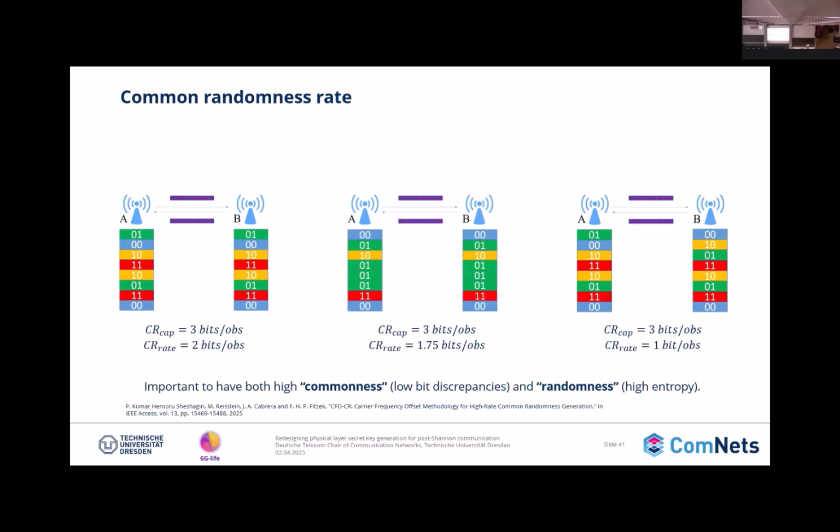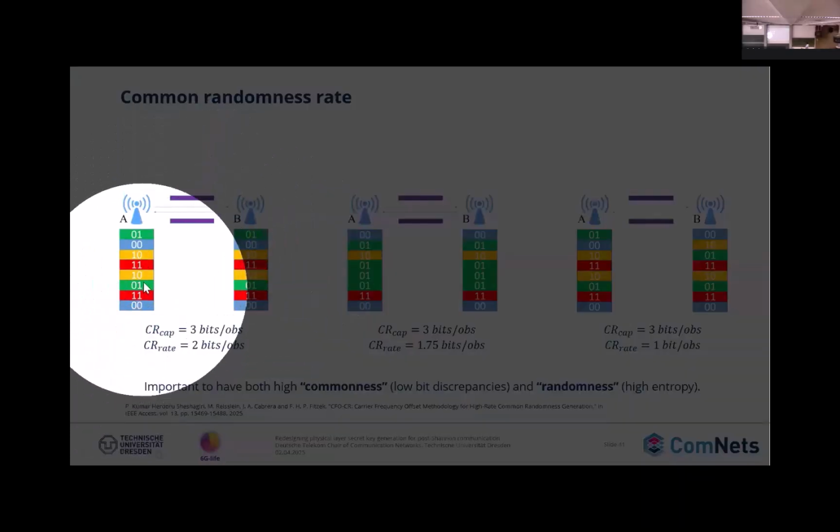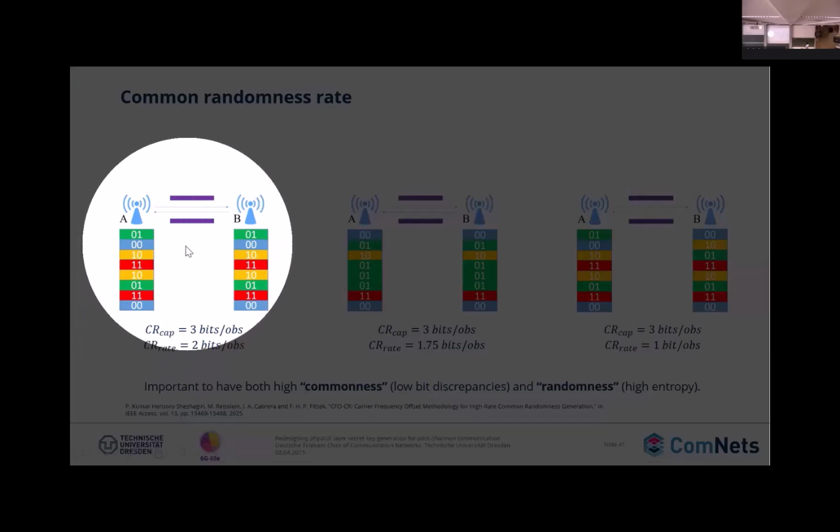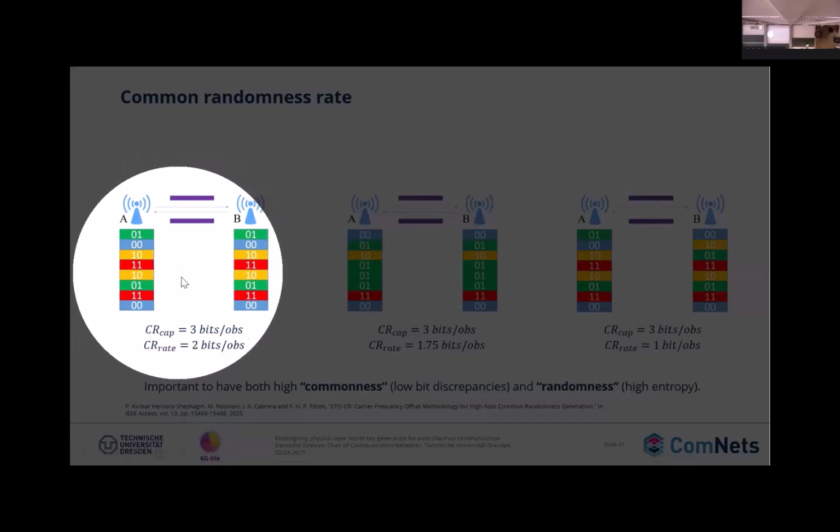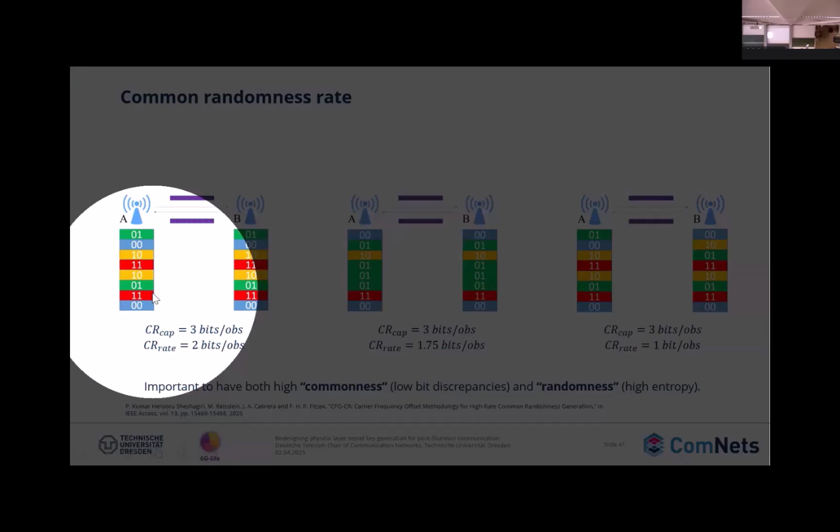As the name implies, common randomness rate means the rate at which you are generating commonness and randomness in the random variable that you're generating. So it has to contain both these properties. For an illustration we have 3 examples. In the first example, we are generating a common random variable which has very high entropy and very low bit discrepancies.